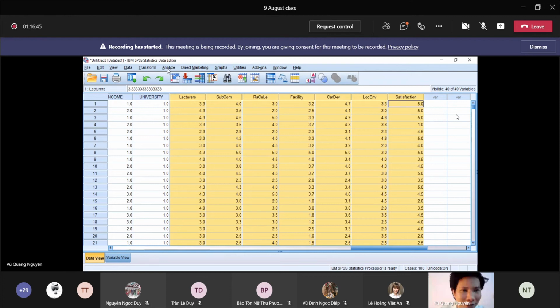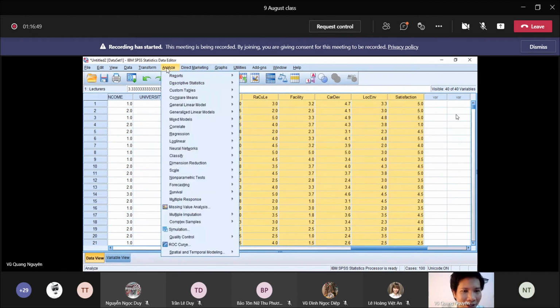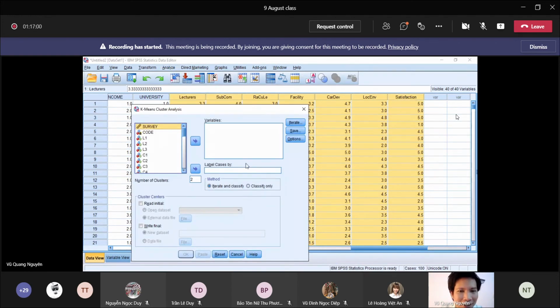Okay. So if you want to know the characteristics of those segments, you do not use the hierarchical cluster. Instead, you use the k-means. K-means here in Classify, go K-Means Cluster. This one is called a quick cluster. Now, how to do this?